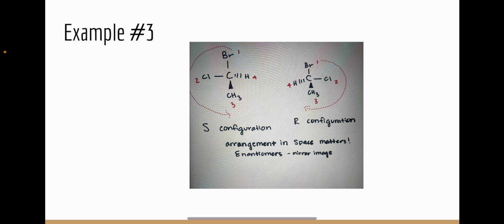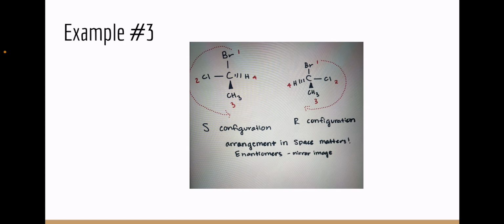In this third example, we see 2 different molecules that are mirror images of each other. This is considered an enantiomer. The arrangement in space does matter because it will change the configuration of these molecules. As you can see, on the left, the chlorine is on the outside, and then on the right, it has flipped over. On the one on the left, bromine has priority number 1 at 35, the highest atomic number, chlorine at number 2 is 17, and CH3 with 9 has priority number 3.